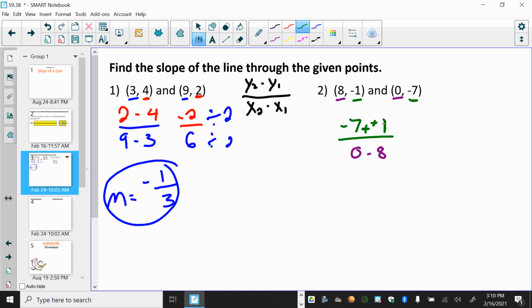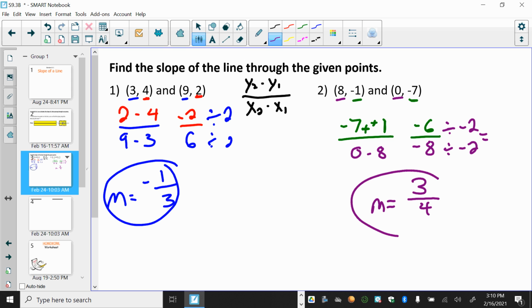So negative 7 plus 1 makes negative 6 over negative 8. I'm going to divide the top and the bottom both by negative 2. That's going to give me 3 over 4. So slope is 3 over 4.